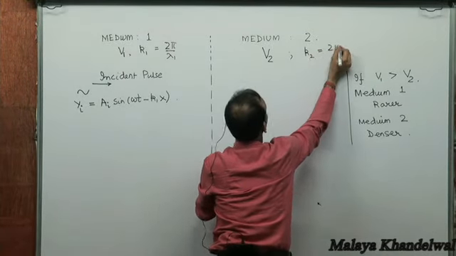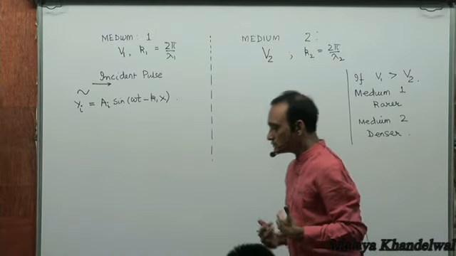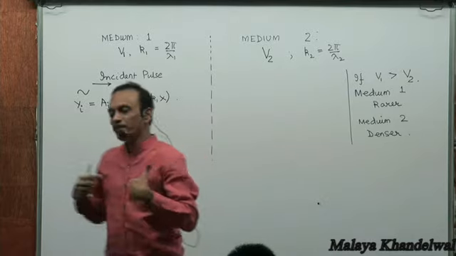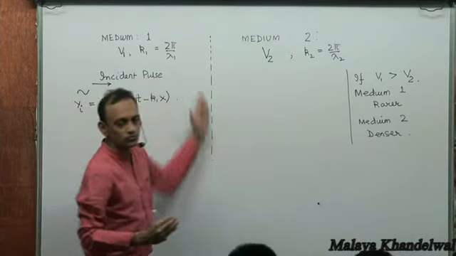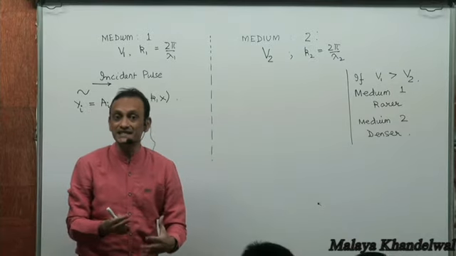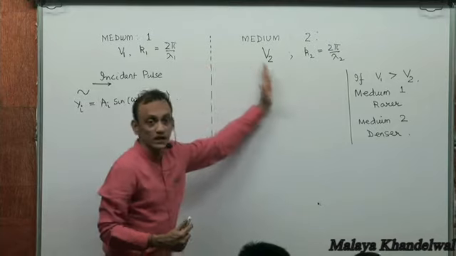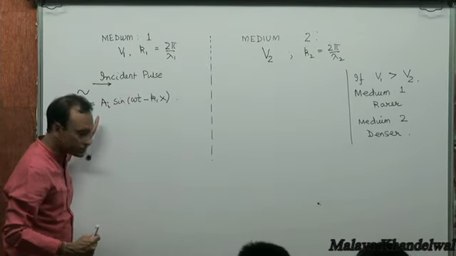Now, one thing very cardinal. When a wave passes through a medium and is incident on a boundary separating it from another medium, part of the incident energy gets transmitted, part of the incident energy gets reflected, right?